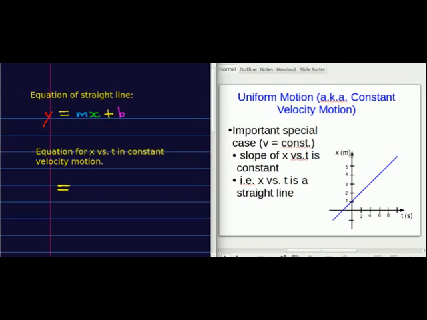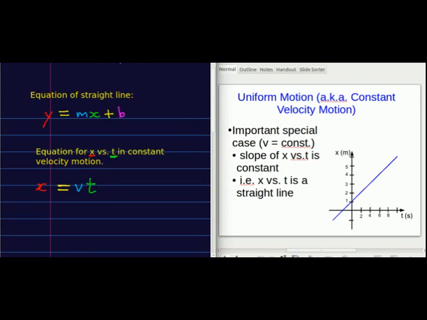So all we have to do is say, well, x is the thing on our vertical axis. So it goes over here, where this y is. And t is the thing on our horizontal axis. And so it's going to go over here. And then we already know that the slope of an x versus t graph is the velocity.